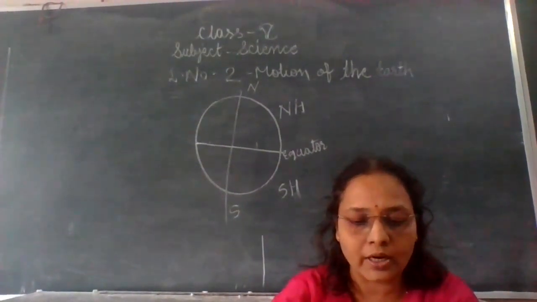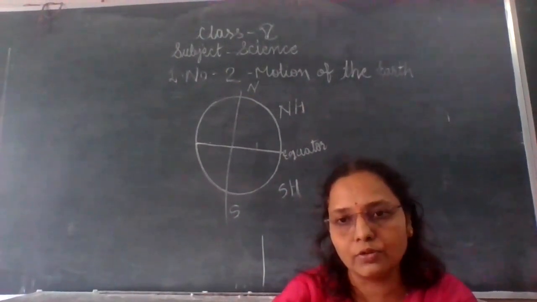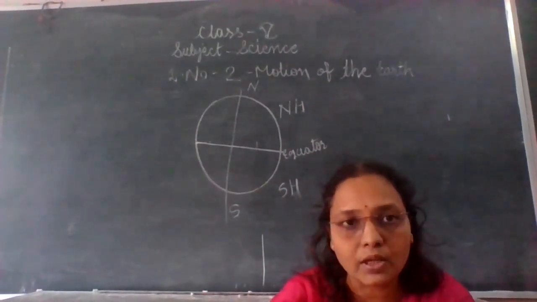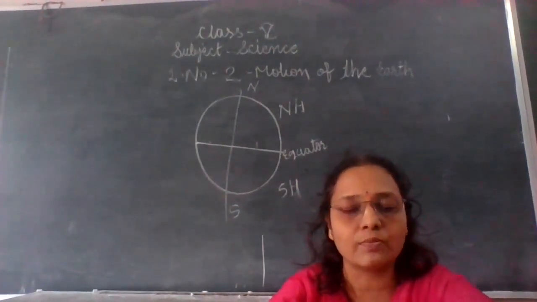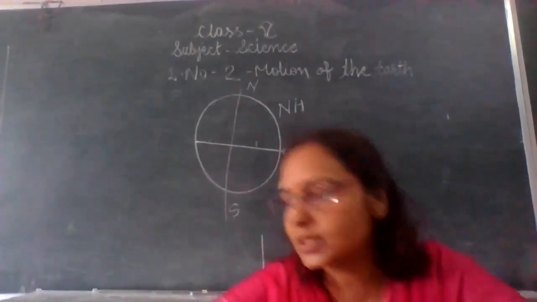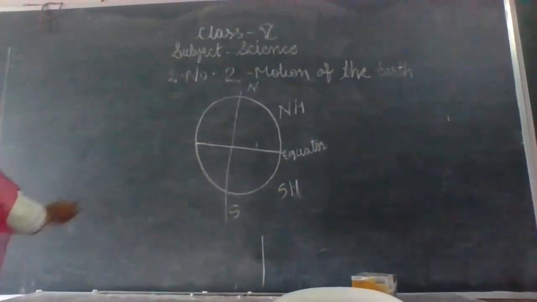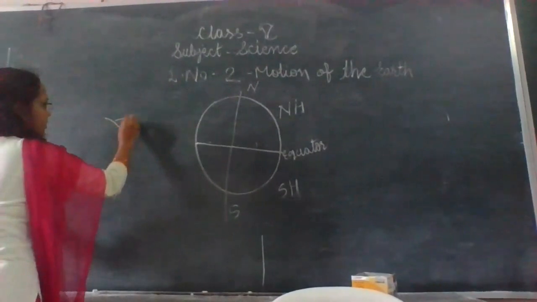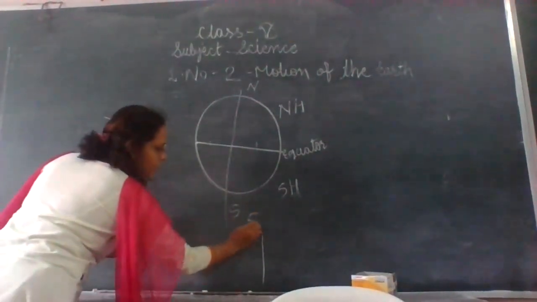As the earth rotates, its different parts come into the light of the sun. We know that we get light from the sun. Suppose here is the sun, and it is our earth.